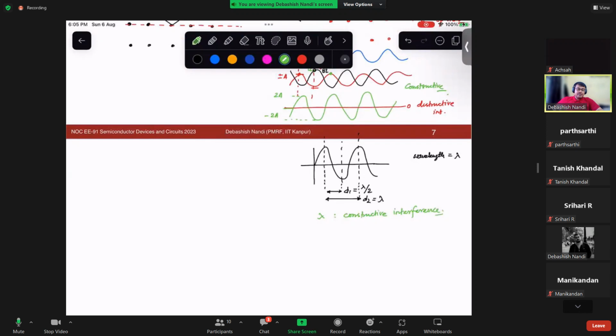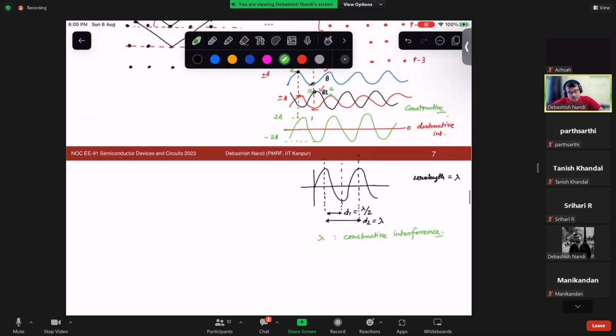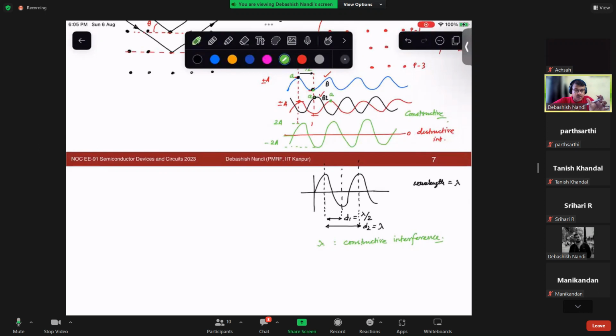Now tell me, is it necessary that the difference between the same phase point A be lambda only? It can be any integer multiple of lambda, right? Because if A is now here, then also I will have constructive interference.